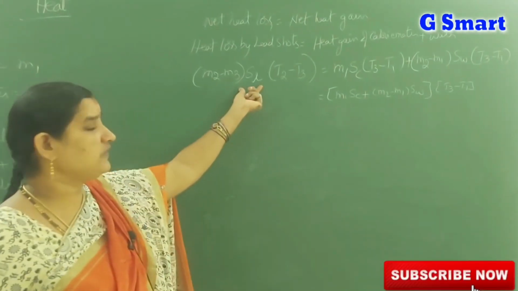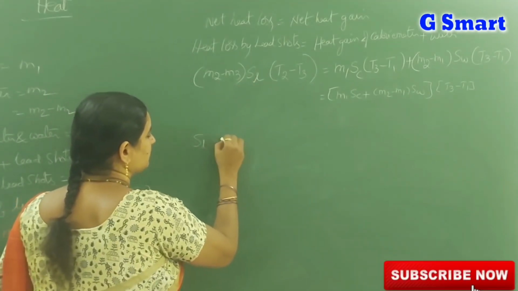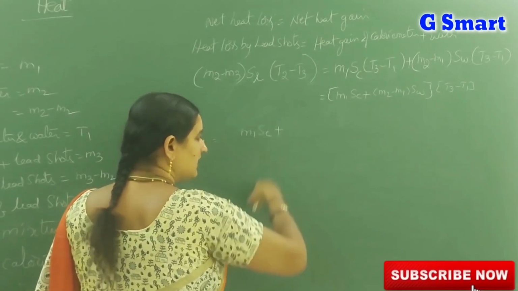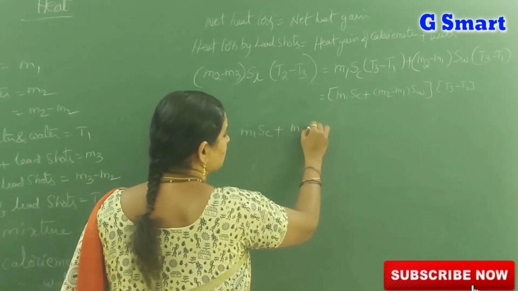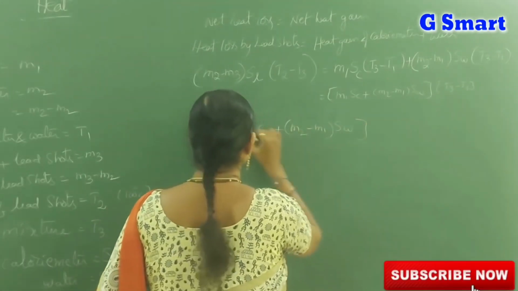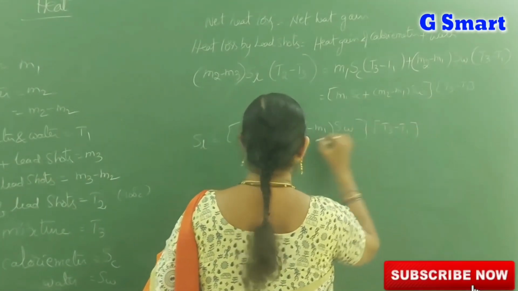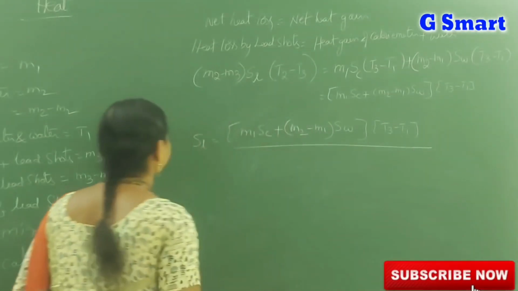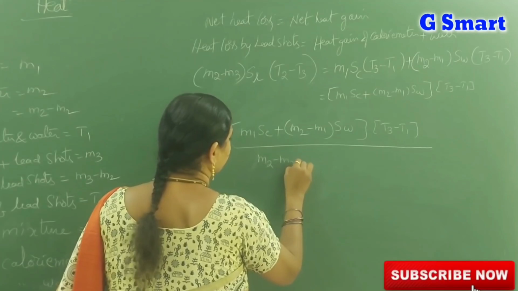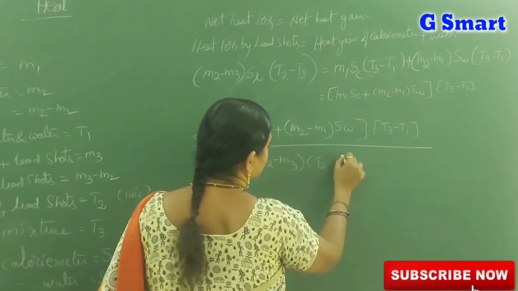But we want the specific heat of the solid here, lead. So SL is equal to, this is the formula to measure the specific heat of a solid, M1 SC plus M2 minus M1 into SW, whole, into T3 minus T1, divided by M2 minus M3 into T2 minus T3. This formula is very important to solve the problems. You have to learn the formula by heart and keep it in your mind. SL is equal to M1 SC plus M2 minus M1 into SW, whole, into T3 minus T1, by M2 minus M3 into T2 minus T3.